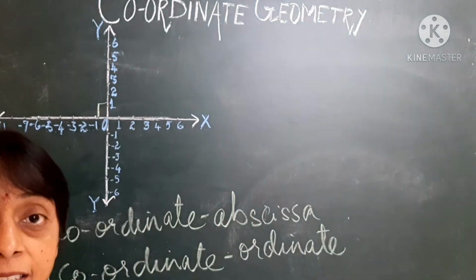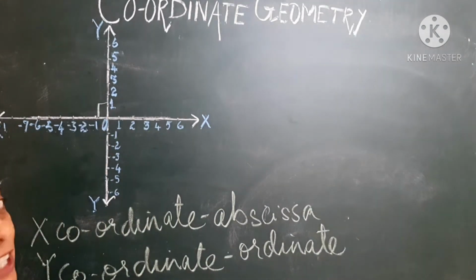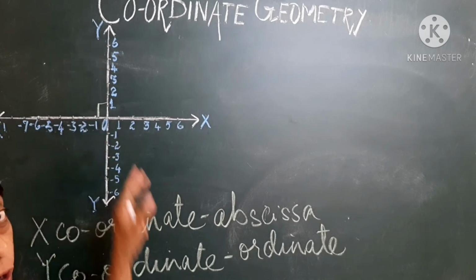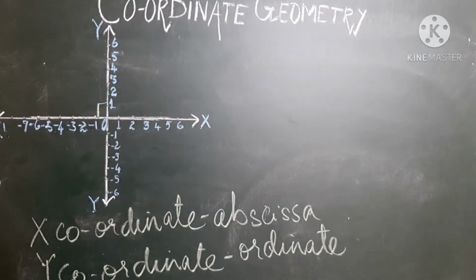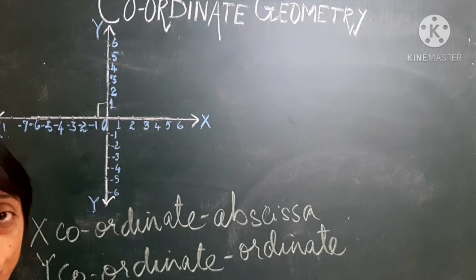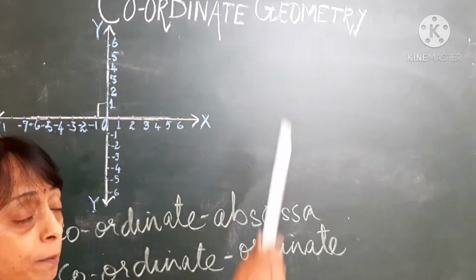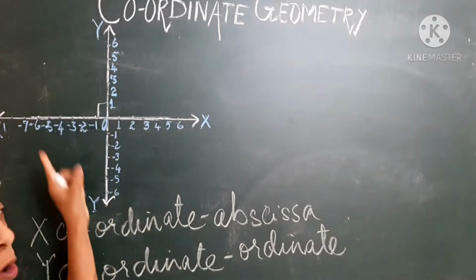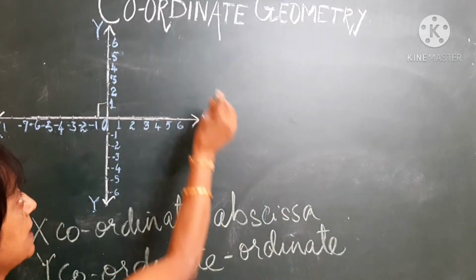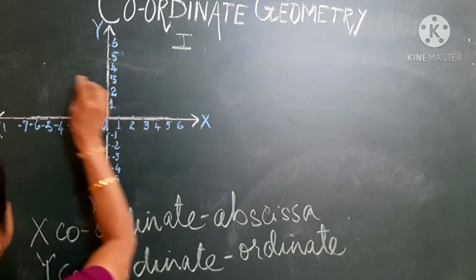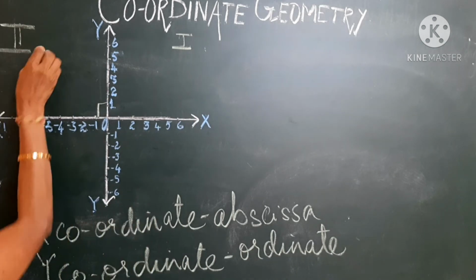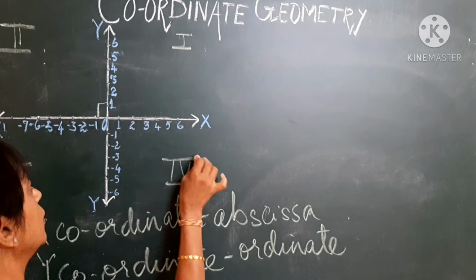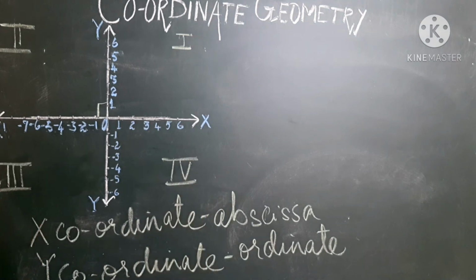Both together sum up as coordinates of the points lying either on x-axis or y-axis. We saw when we draw both the axes perpendicular to each other, they divide the whole plane into 4 quadrants, 4 sections, and as we go anti-clockwise, they are named as the first quadrant, the second quadrant, the third and the fourth quadrant.